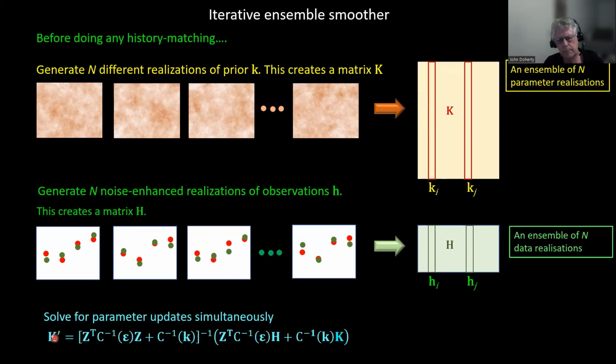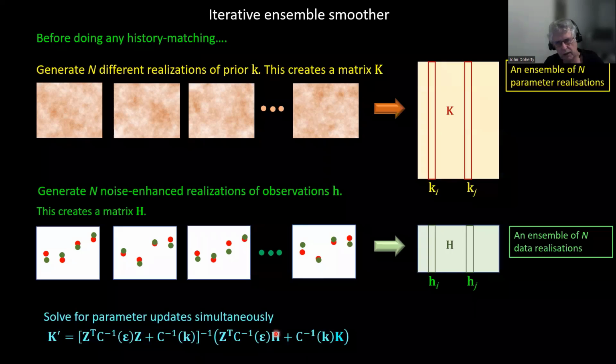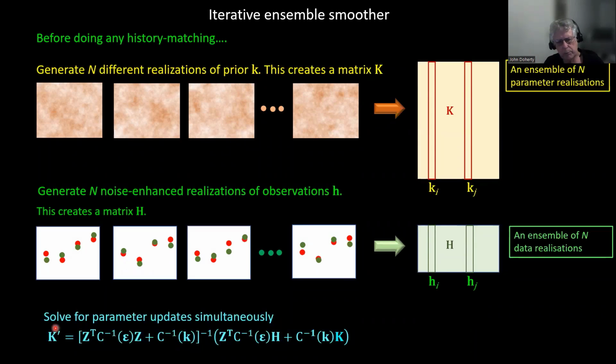So I'm using a matrix here, K capital instead of lowercase k, H capital instead of lowercase h, just to show that I'm applying this equation, which we looked at and derived before, but I'm applying it to all these h's simultaneously to obtain simultaneously a whole lot of samples of the posterior.